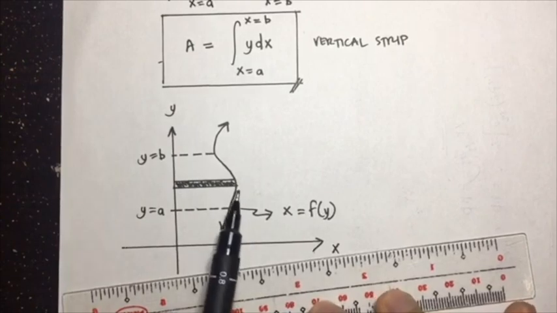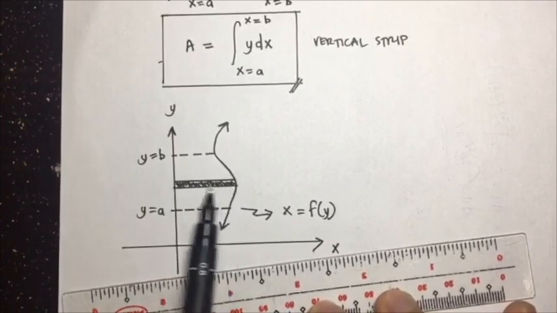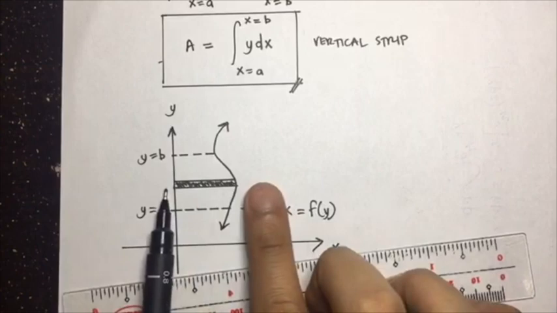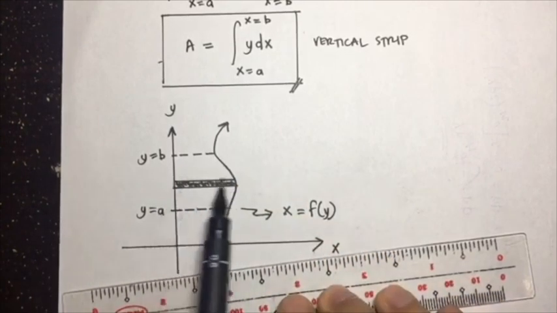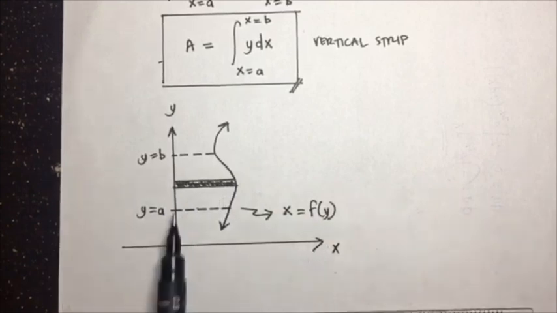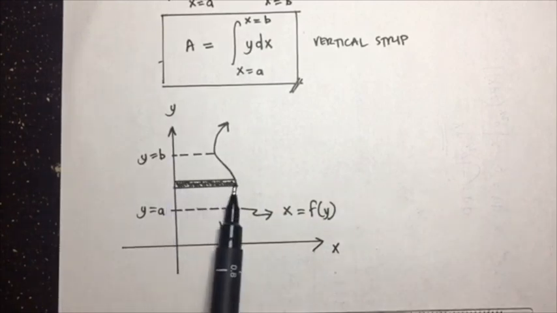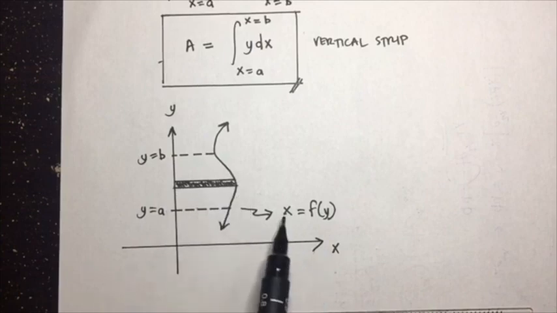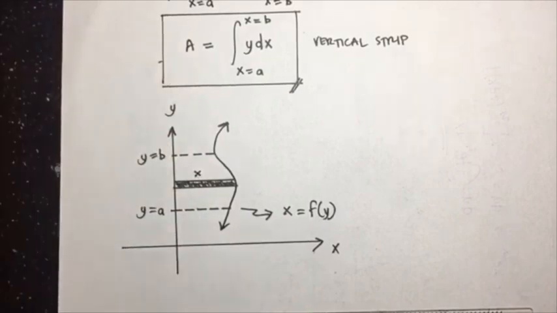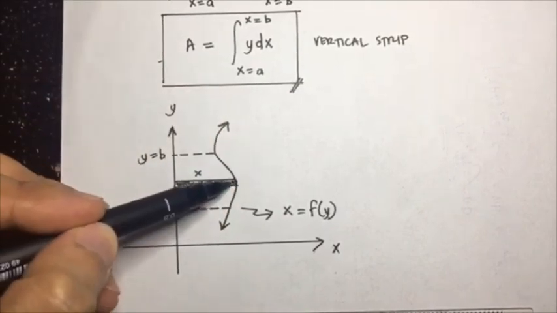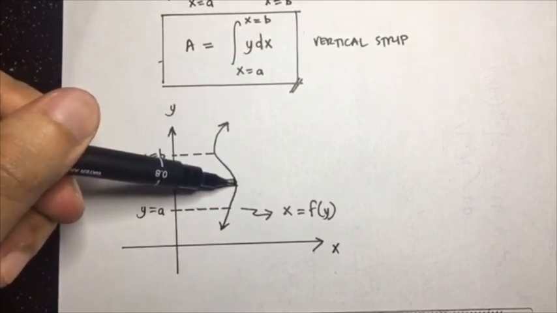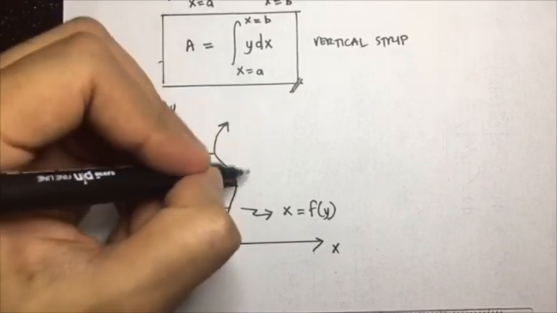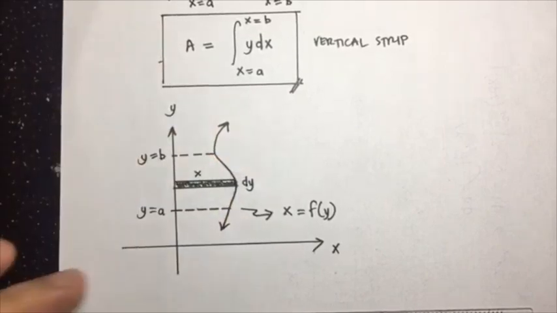The length of the strip will correspond to x. Because the strip is parallel to the x-axis, its length corresponds to x of this function. So this is x, and this will be our differential in y. Since the width of the strip is measured vertically, this is dy.